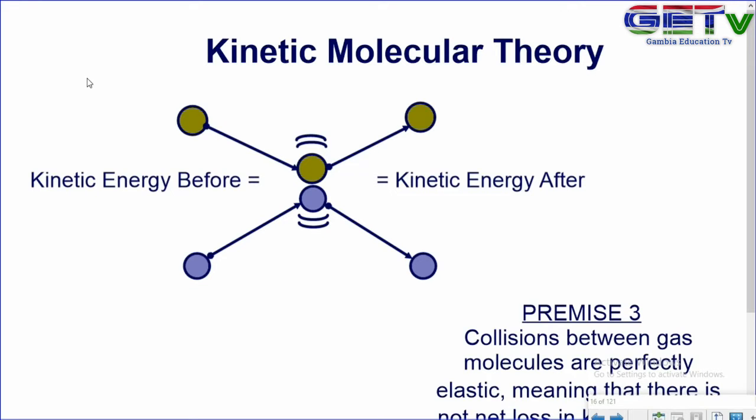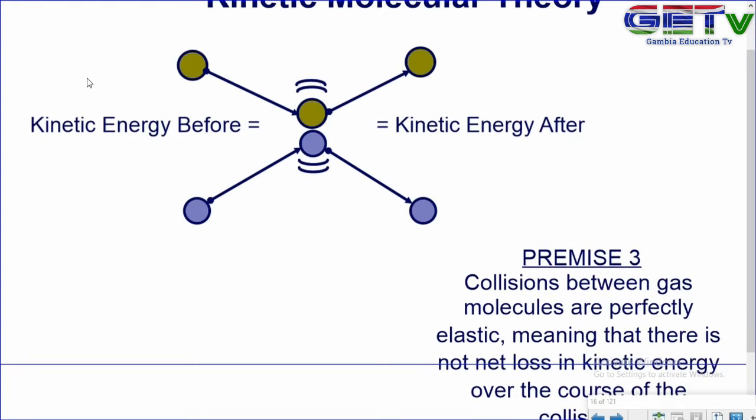Kinetic molecular theory: kinetic energy before collision is equal to kinetic energy after collision. Collisions between gas molecules are perfectly elastic, meaning that there is no net loss in kinetic energy over the course of the collision.